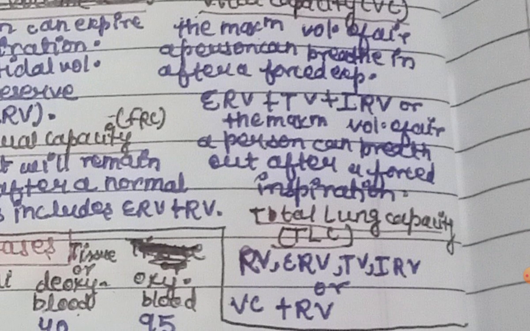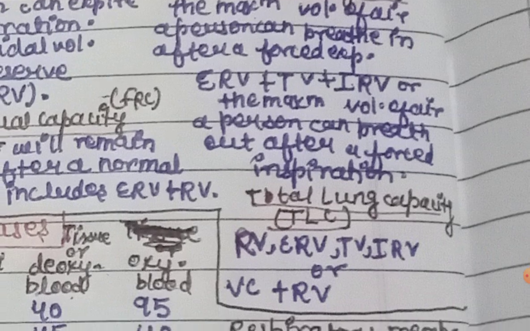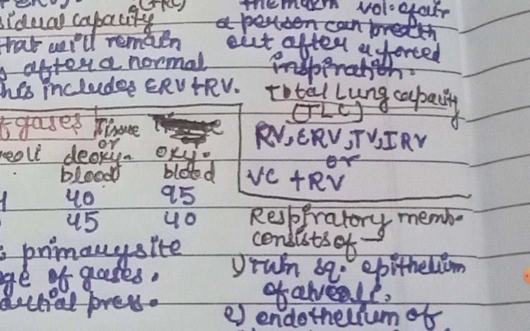Expiratory reserve volume plus tidal volume plus inspiratory reserve volume, or the maximum volume of air a person can breathe out after a forced inspiration. Total lung capacity includes residual volume, expiratory reserve volume, tidal volume, and inspiratory reserve volume, or vital capacity plus residual volume.